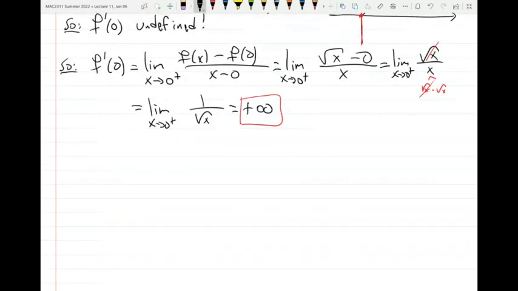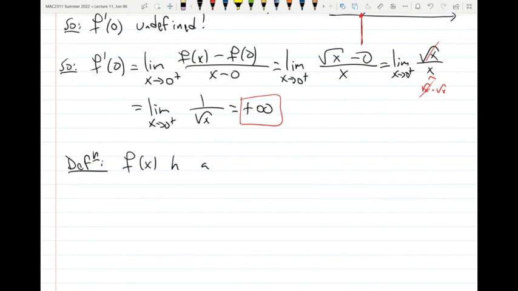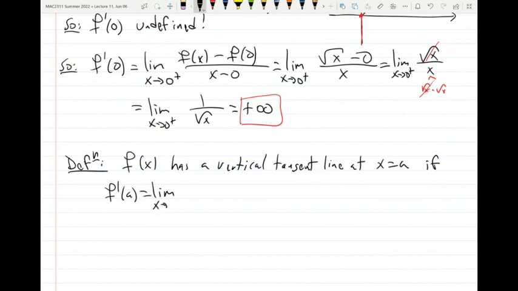So, definition. f of x has a vertical tangent line at x equal a if f prime of a, which is the limit as x approaches a of f of x minus f of a over x minus a, or a side limit. I just don't want to write all the possibilities, but it's either the full limit or just a side limit.